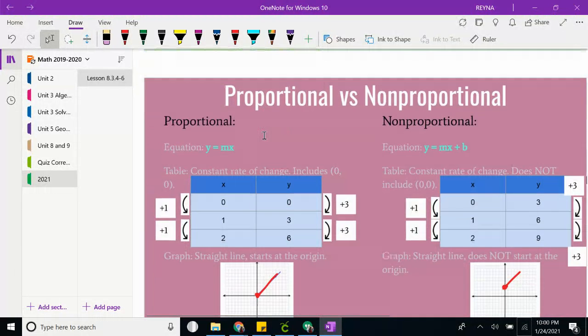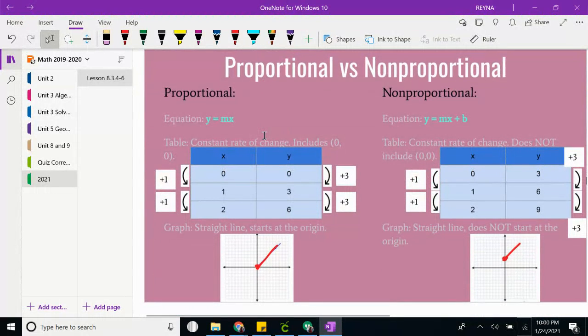Okay, let's try another one. So proportional versus non-proportional. Proportional means it's a straight line and it goes through 0. So straight line means it is constant, and then it goes through 0, which means it goes through the origin. So that is proportional.